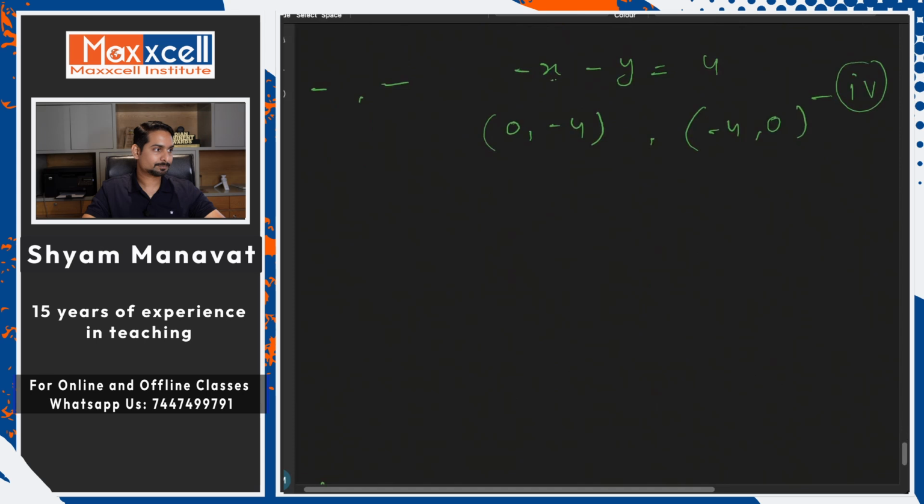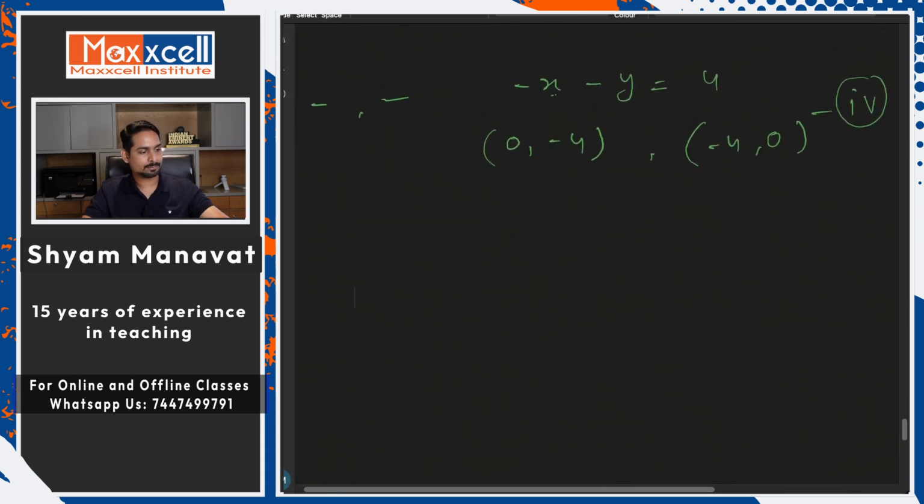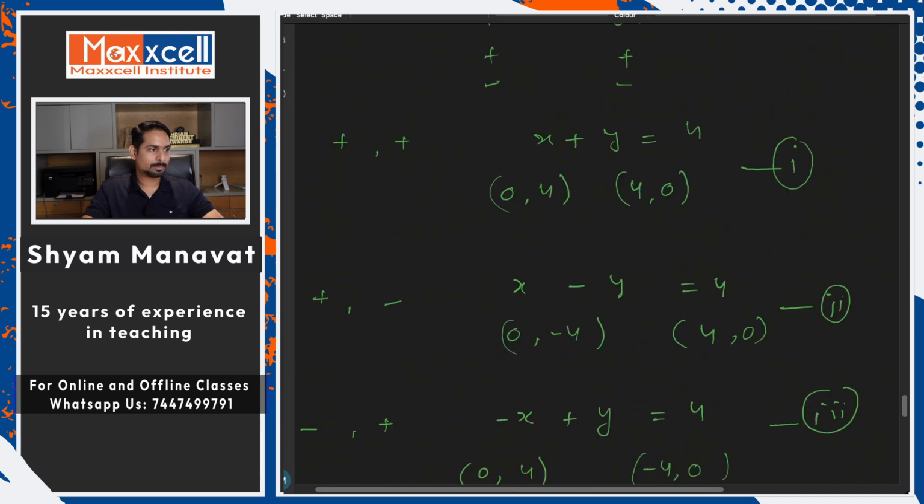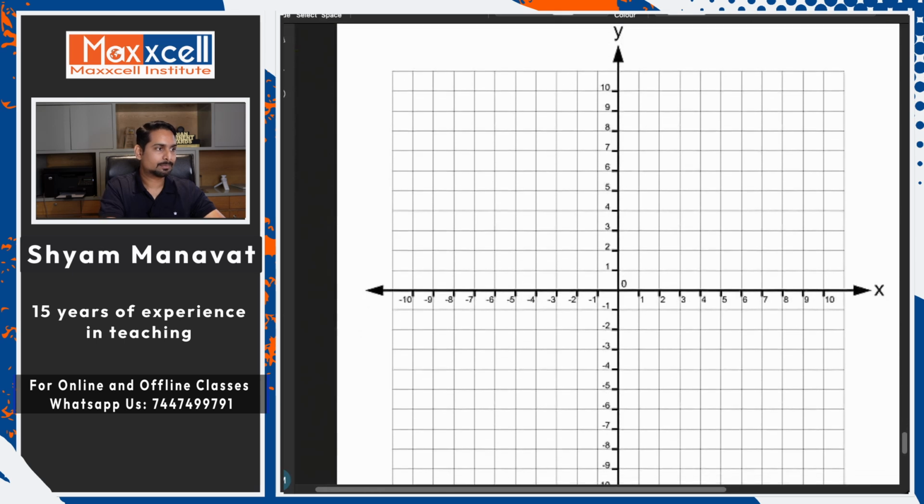So let's see the graph. Let's plot all 4 combinations. Will you be able to remember that? The first one is 0, 4 and 4, 0. So the first line is (0, 4) and (4, 0).